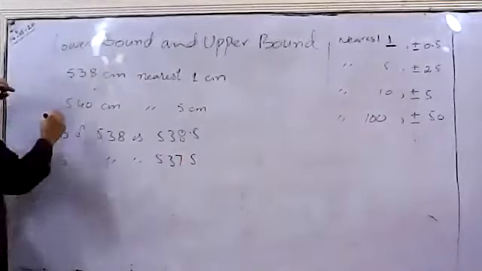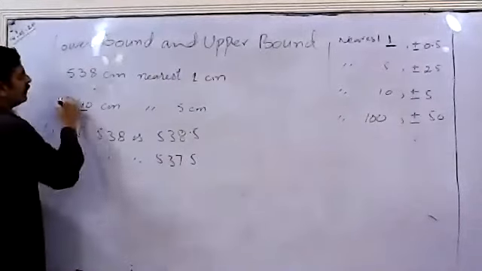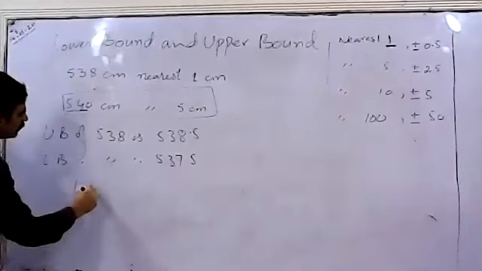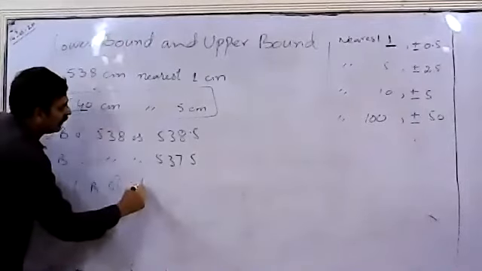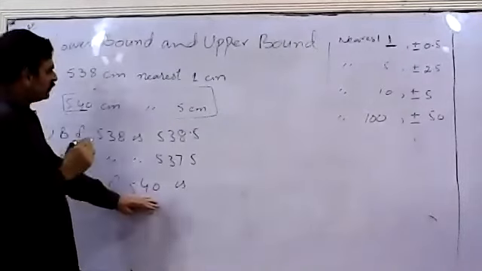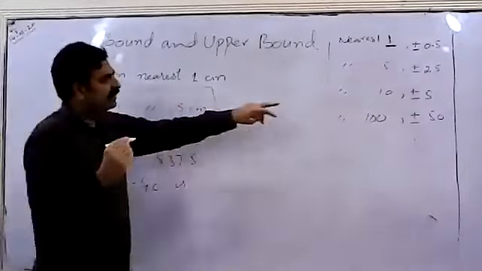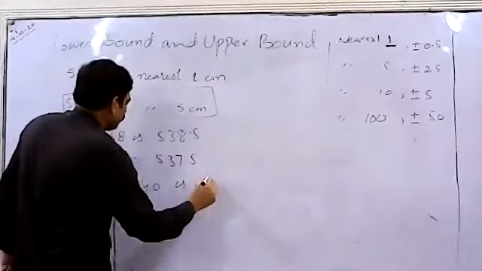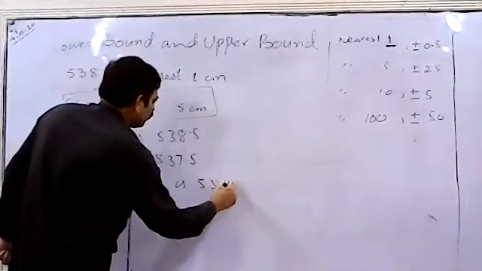If we want to write 540 centimeter, that is nearest 5 centimeter, the lower bound of 540 is found by subtracting half of 5, that is 2.5, so the final answer is 537.5.